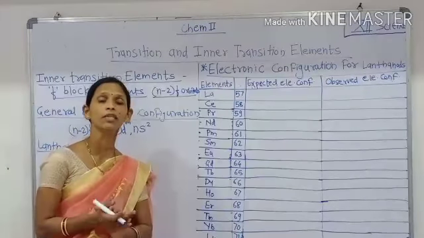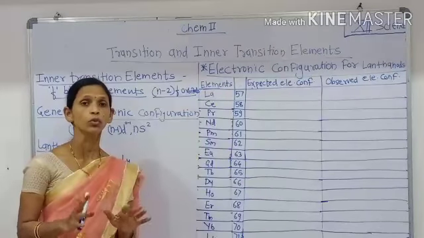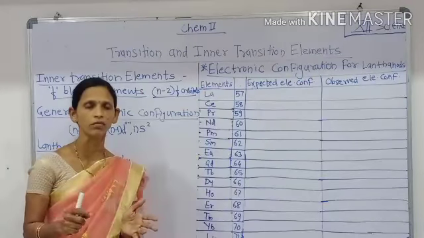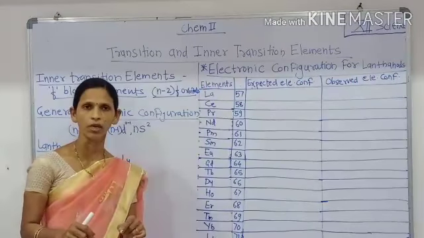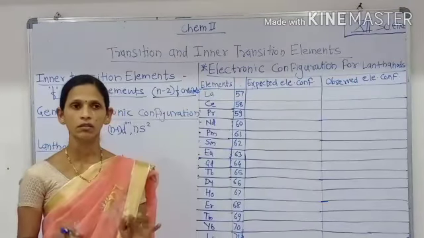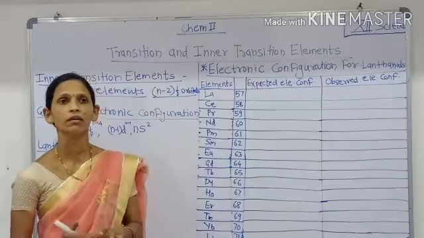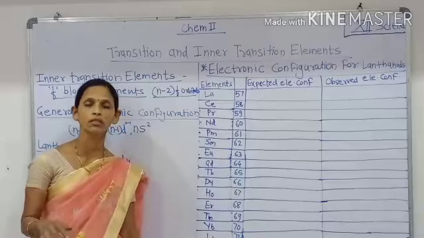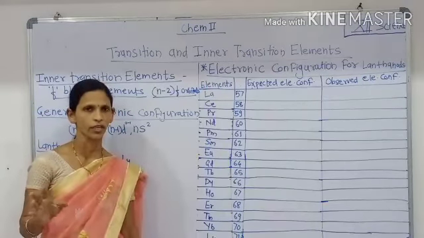Inner transition elements are present in two series, which are placed at the bottom of the periodic table for the study of these elements conveniently. These two series are lanthanoids and actinoids.